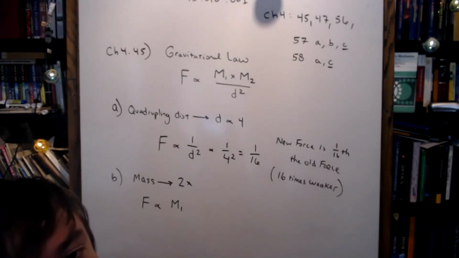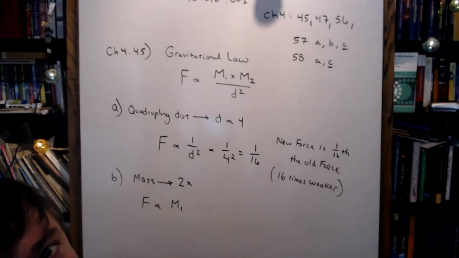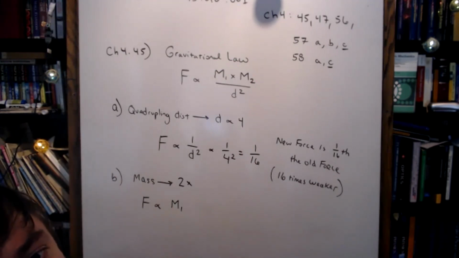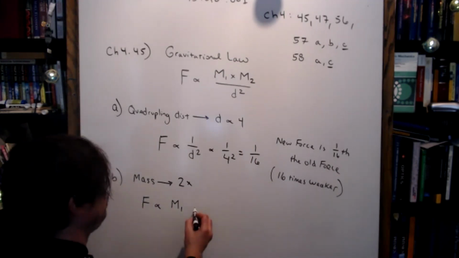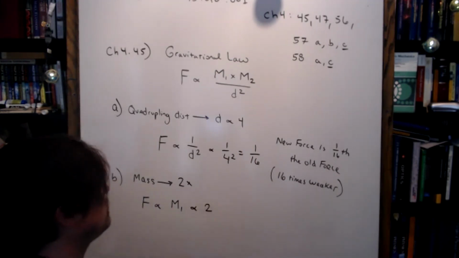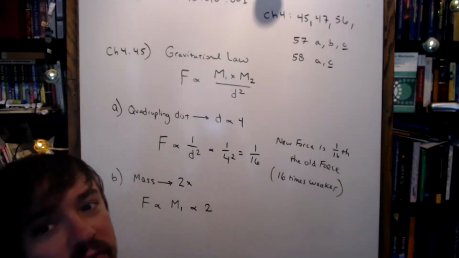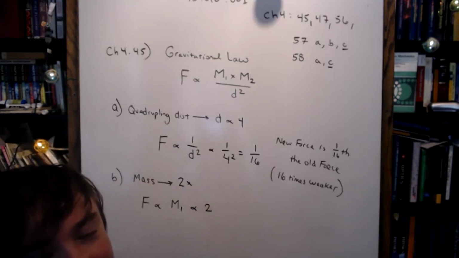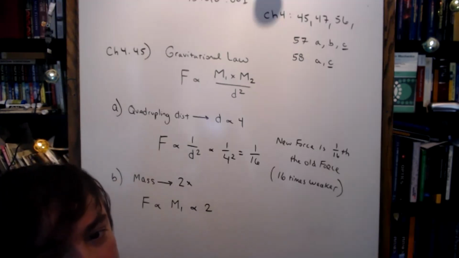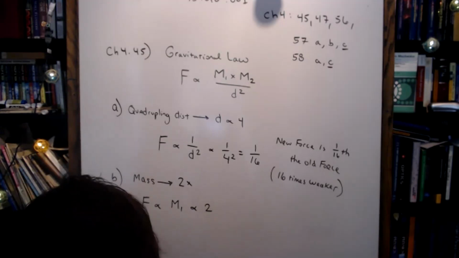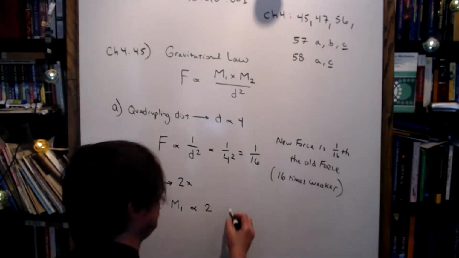Yeah. We'll substitute the 2 in next, right? One step at a time. Okay. So now if the mass doubles, we just plug in a 2. Right? Okay. So what's the answer? Gonna be 2 times stronger. Thank you.